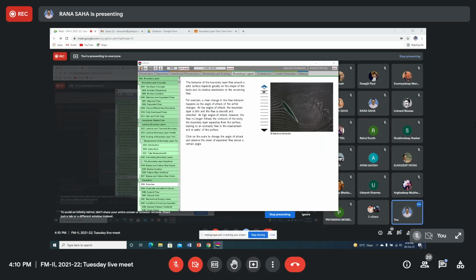Very sophisticated experimentation, but not new, which after compilation and some kind of programming gives you a user interface, a GUI, where I change these angles by clicking this arrow. It's a beautiful video compilation that gives us an idea about how this separation phenomenon works along with the skin friction drag.